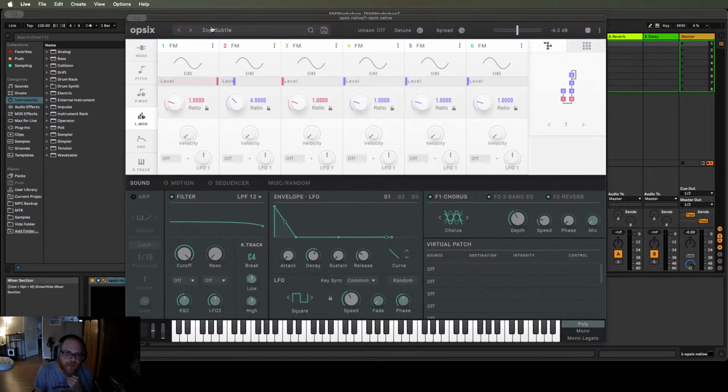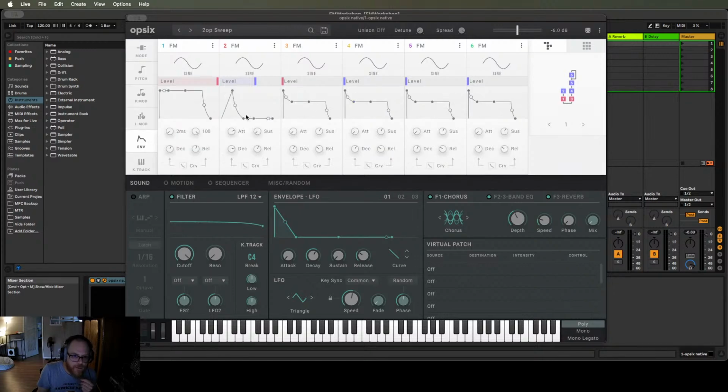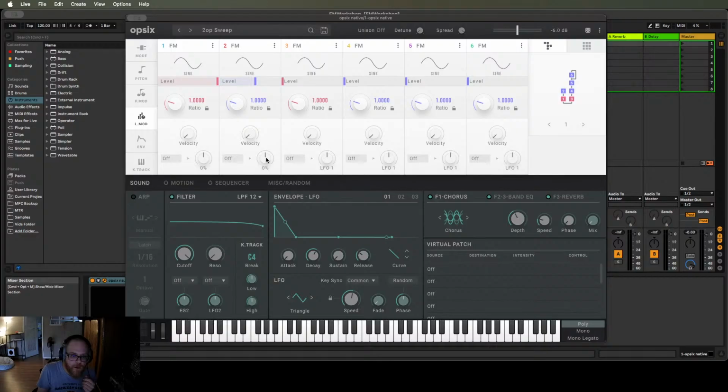I did several of those. Look, here's one right here. And that just uses an envelope to do it, right? But if we didn't want to do the envelope, what we could do, okay, I'll just make that go like that. And we'll go down here to the level mod, and we'll pick LFO 1. Is this level mod? Yeah, it is.